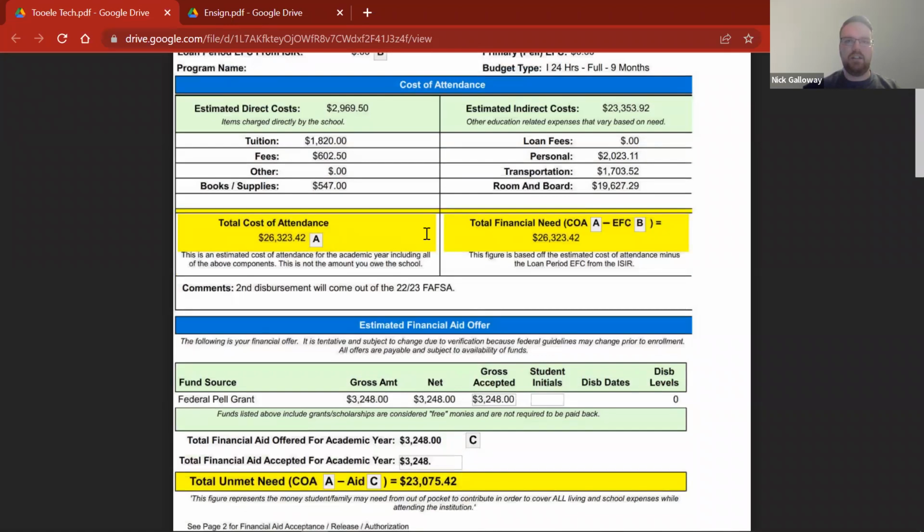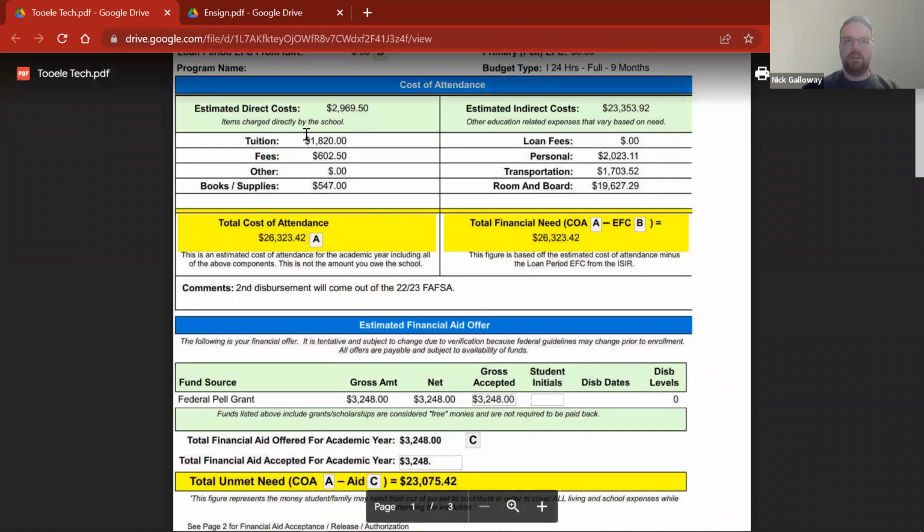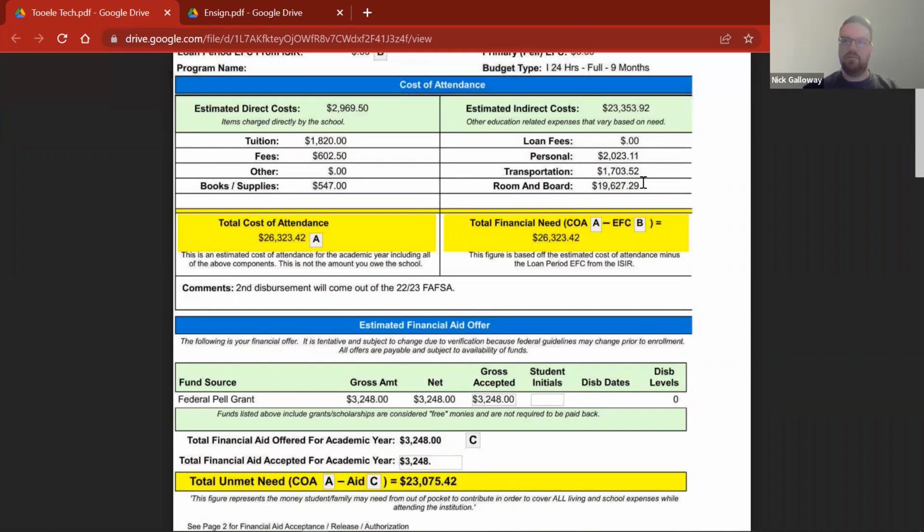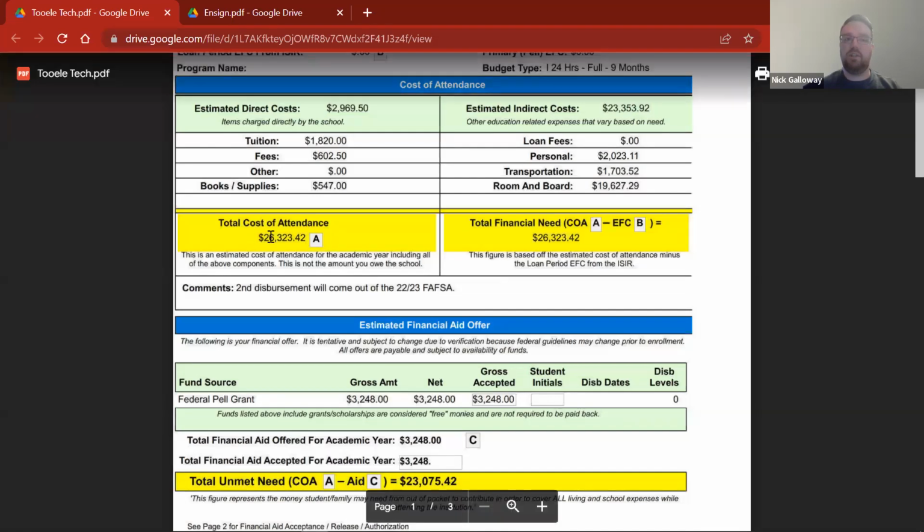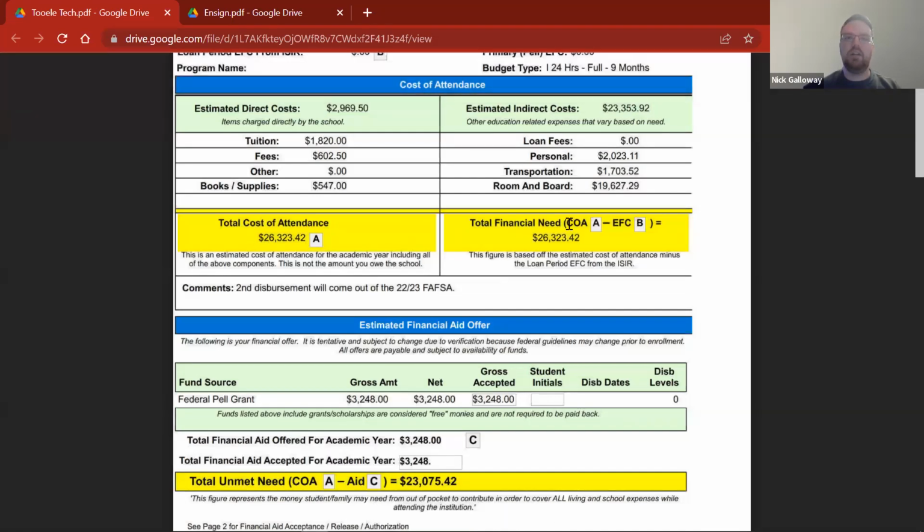And at first glance, it's like, how did we go from roughly $2,000 to $26,000? And so you'll look over here. The big one is room and board. As Dylan mentioned, a lot of these things are estimates. So if they have a roommate or live at home with their parents, for a lesser amount or free, that large chunk of their cost of attendance can be essentially wiped out.